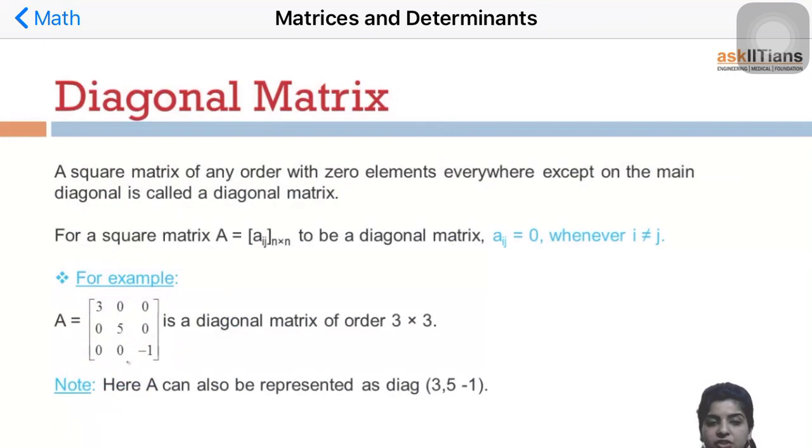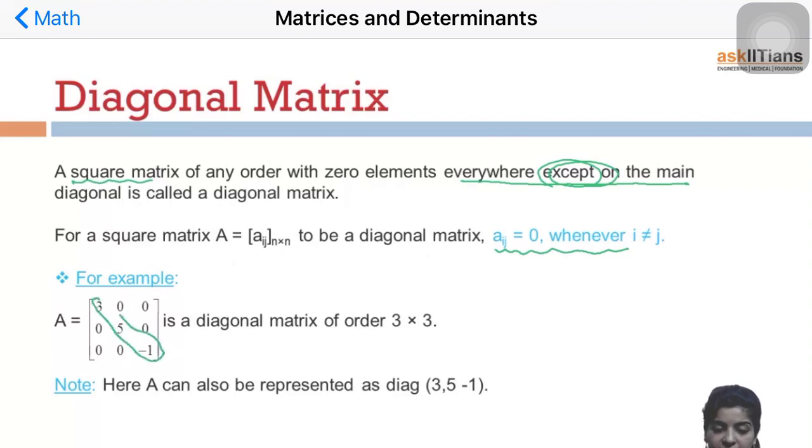Next I have the diagonal matrix. Again a square matrix of any order with 0 elements everywhere except on the main diagonal, right? So mathematically we can say Aij is 0 whenever i is not equal to j. So just remember that the non-diagonal elements are zeros, while the diagonal elements can be anything. They need not be the same, they can be anything in case of a diagonal matrix.